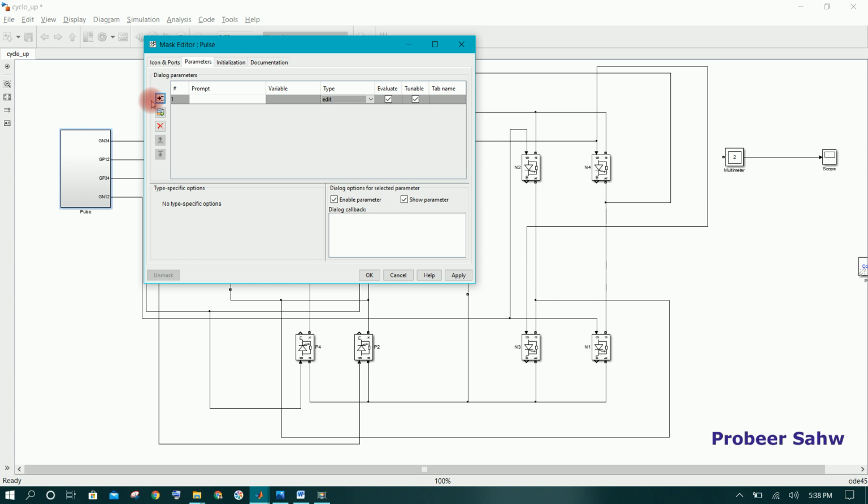In this parameter we can directly ask the user to enter the value of n, and this will automatically update the values of all the pulse generators. So we are going to use a variable n, of edit box type, and the prompt will be fo is equal to n times fs, enter n, and now we apply.